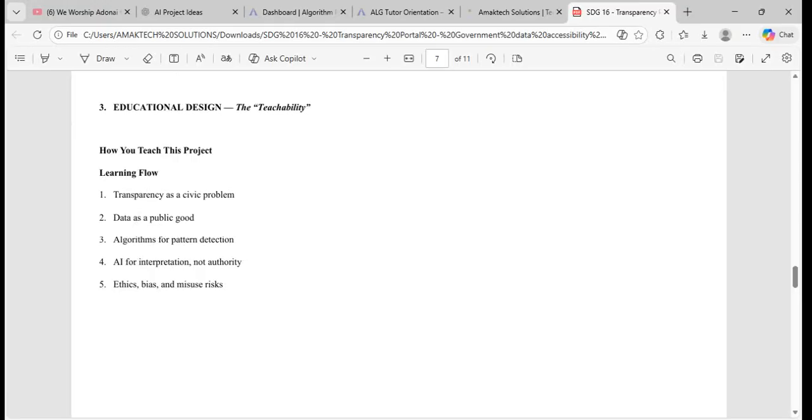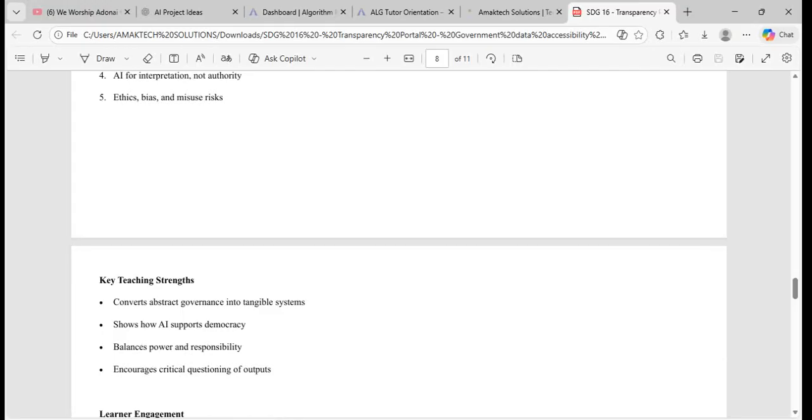On the teachability of this project. How we are going to treat this project: learning flow, transparency as a civic problem, data as a public good, algorithms for pattern detection, AI for interpretation, no authority, ethics, bias, and misuse risks.